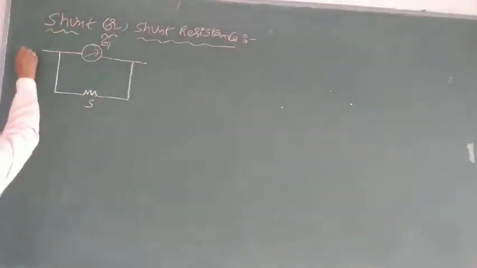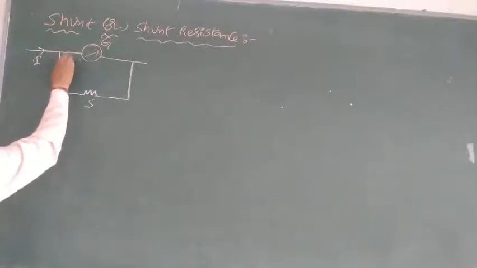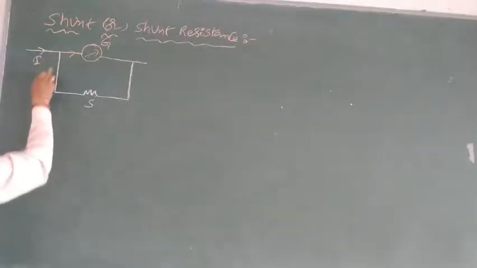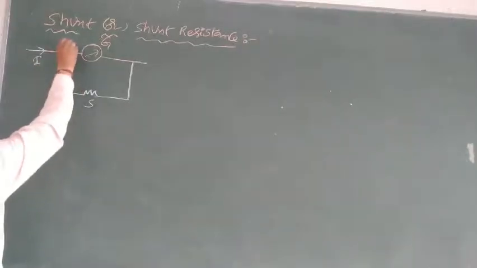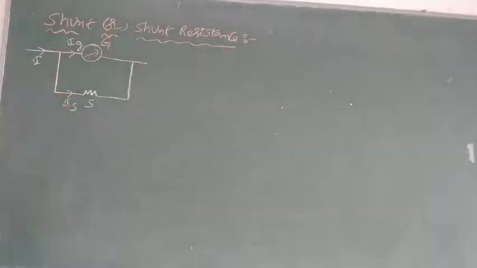Assume current I coming from the circuit reaches this point. The total current I divides into two parts. A small portion of current passes through the galvanometer, Ig. The remaining portion of current passes through the shunt resistance, Is. So here three types of currents we are observing. I means total current, or current coming from the circuit.